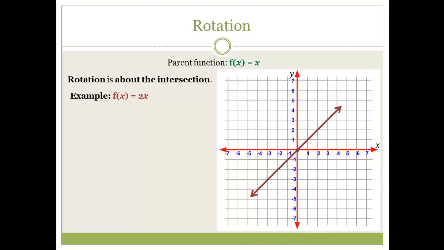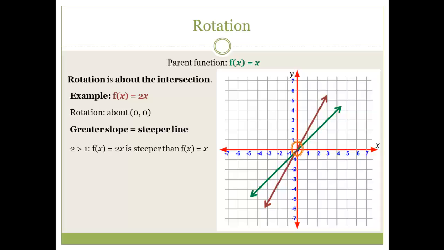For example, the new function f of x equals 2x has been rotated about the point 0, 0 from our original parent function. It now has a greater slope, so the line is steeper. We know the slope is greater because 2 is greater than 1. Remember that there is an invisible 1 in front of the x from our parent function.